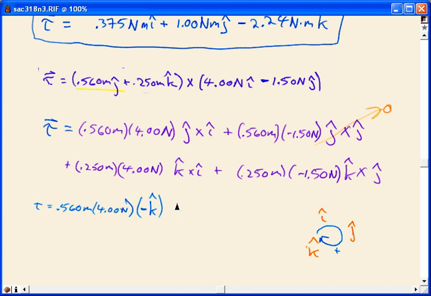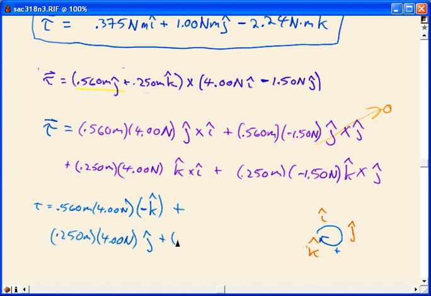And then I had that plus 0, so I'm all the way down to this one. I'll just copy that part down, times 4.00 newtons. And then I got k crossed into i right here. k crossed into i just gives me j, because I'm going clockwise around the circle, so that's a plus j.